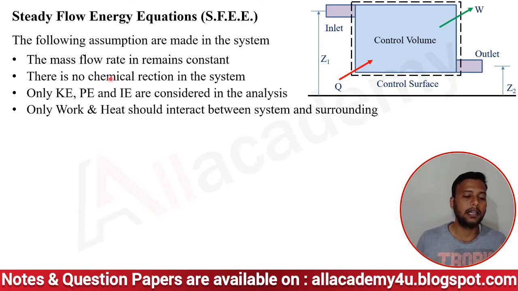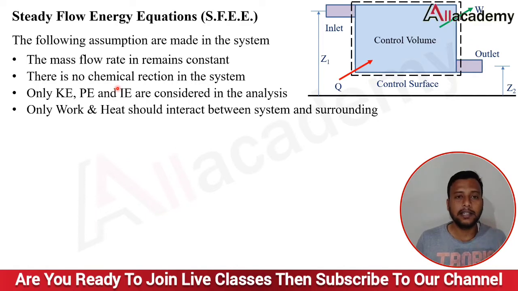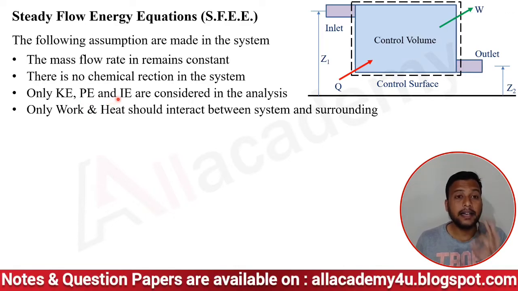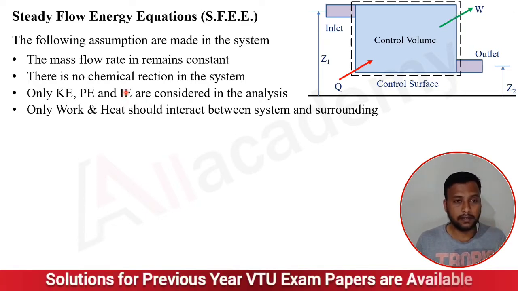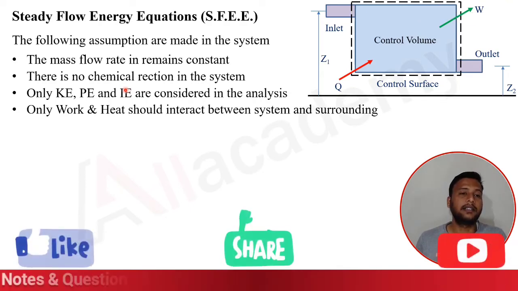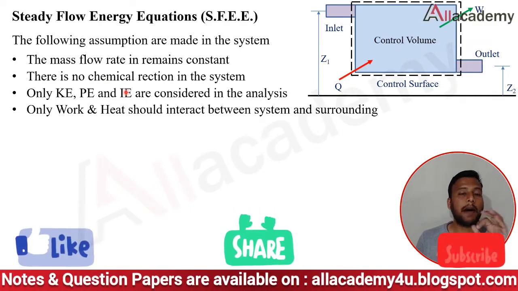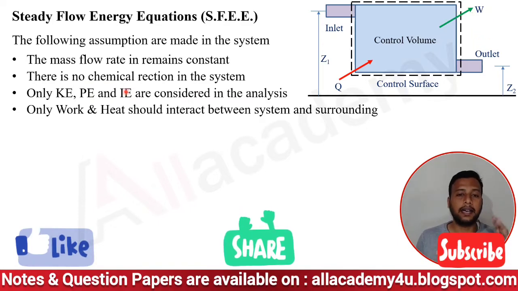Second, there is no chemical reaction in the system. Third, only kinetic energy, potential energy and internal energy are considered in this analysis, because previously I said that for a simple compressible system, the energy is accounted in the form of kinetic energy, potential energy and internal energy. So only these three parameters are considered for the analysis.